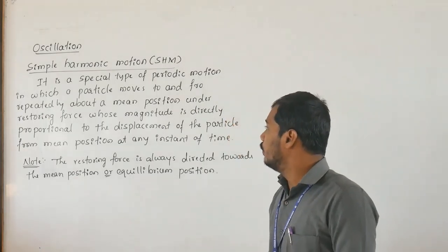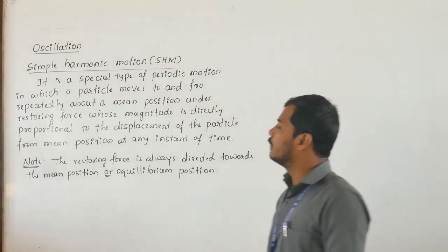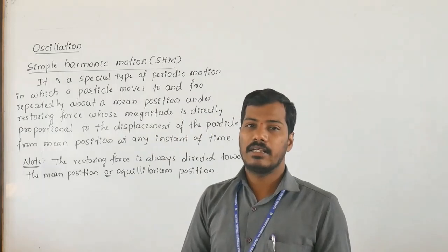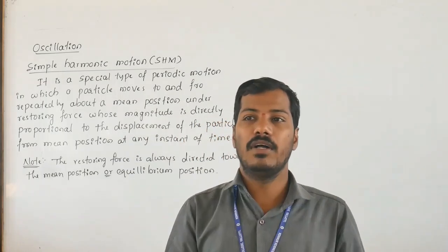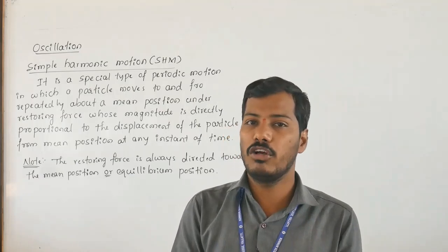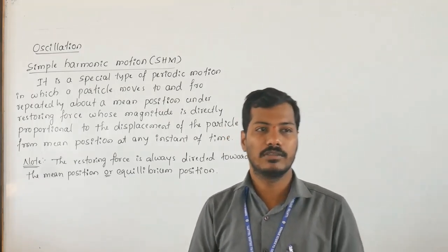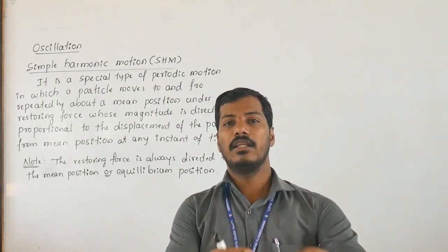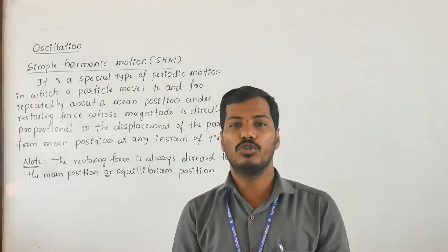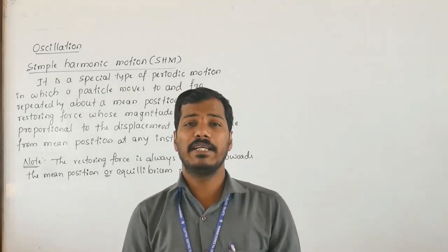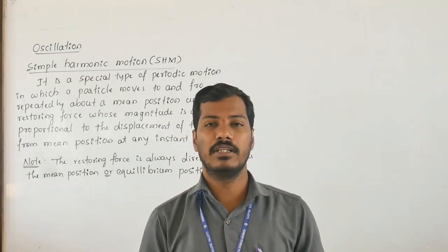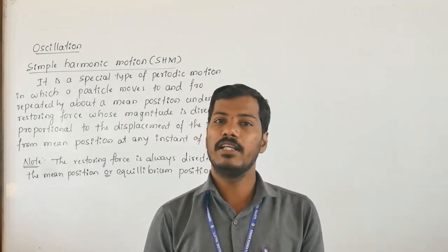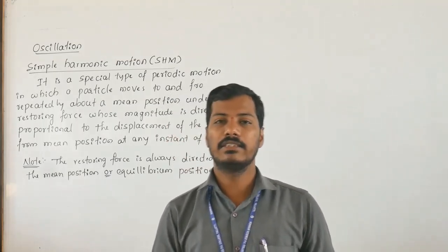Now today we will discuss simple harmonic motion. In the previous class, we discussed harmonic oscillation and non-harmonic oscillation. Harmonic oscillation is the oscillation or periodic motion of a particle expressed in terms of a single harmonic function, either sin θ or cos θ, where θ is ωt, in terms of the angular frequency and the time taken.